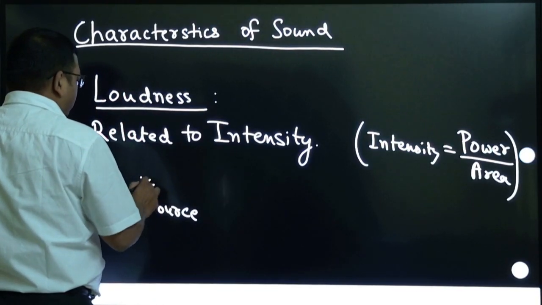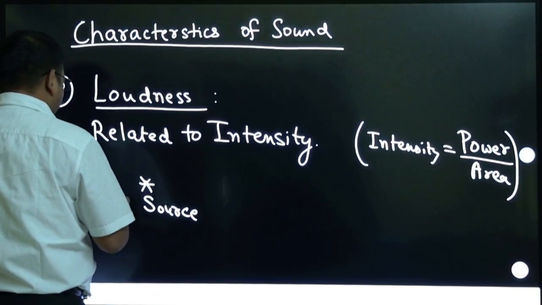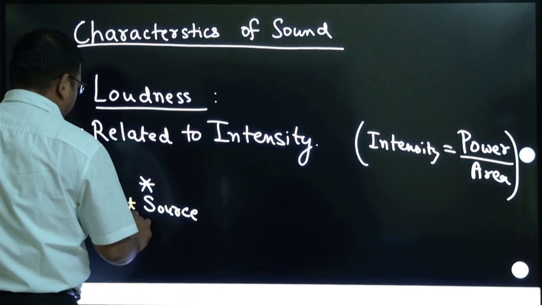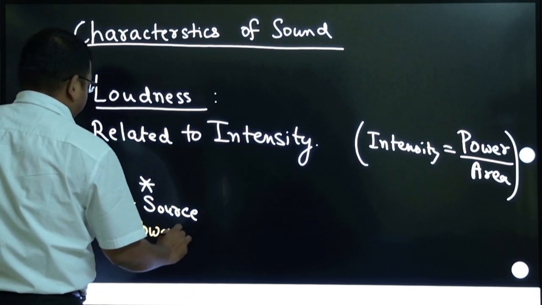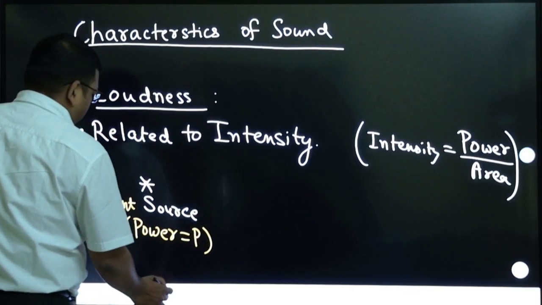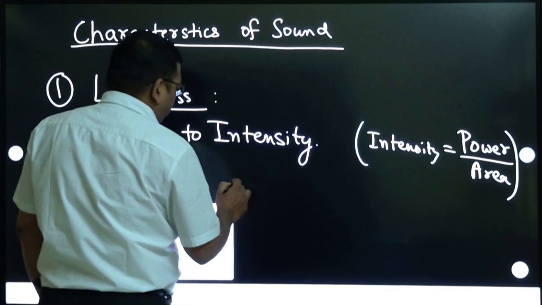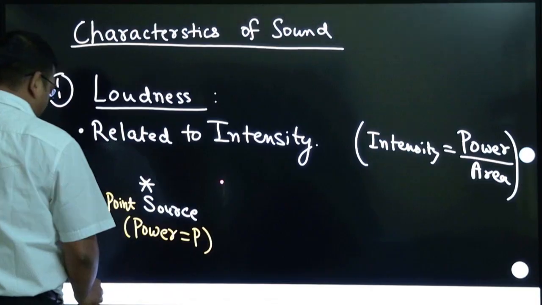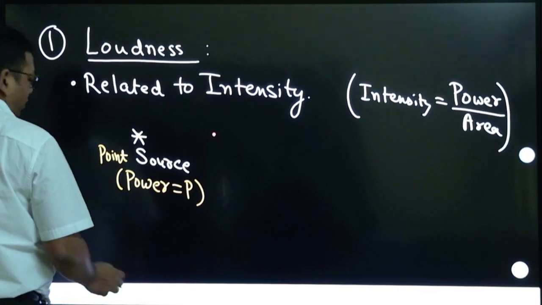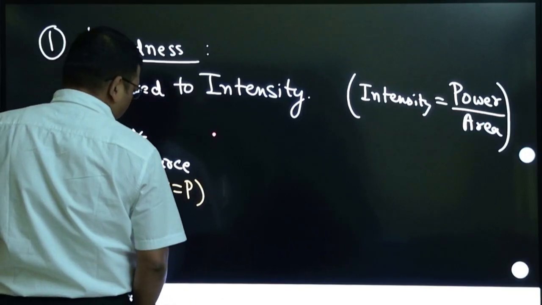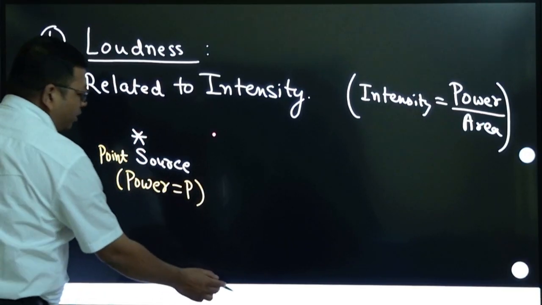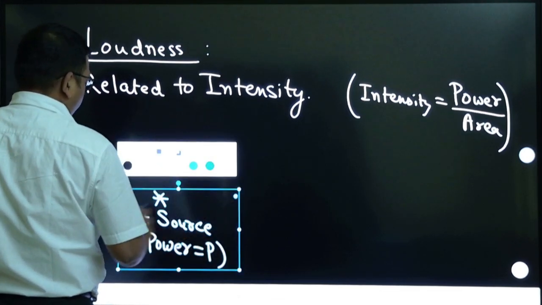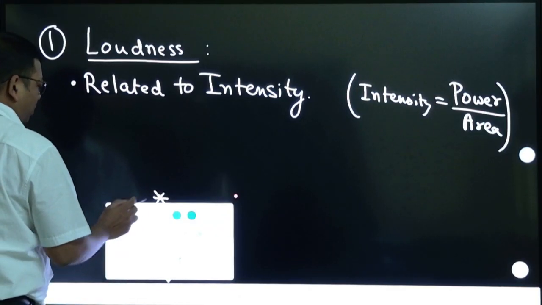Let us say it's a point source, and it has power equal to P, and I want to find out intensity at this point. So how do we calculate intensity at this point?